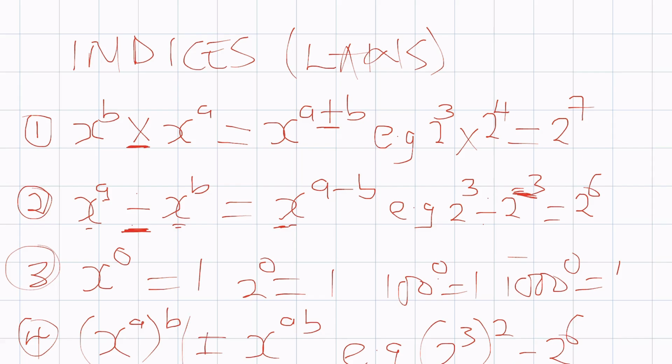So x to the power of a, all of that being raised to the power of b, is similar to x to the power of ab. Then 2 to the power of 3, all this being raised to the power of 2, is equal to 2 to the power of 6.